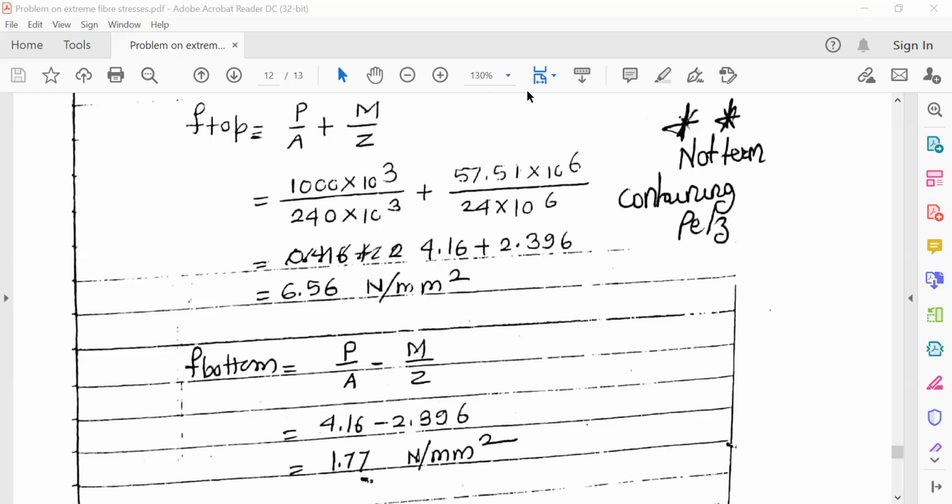Okay, done. Everyone had got the values. Yes, over up till here.